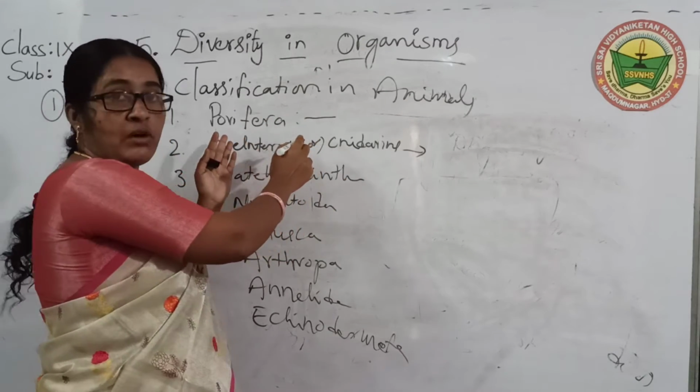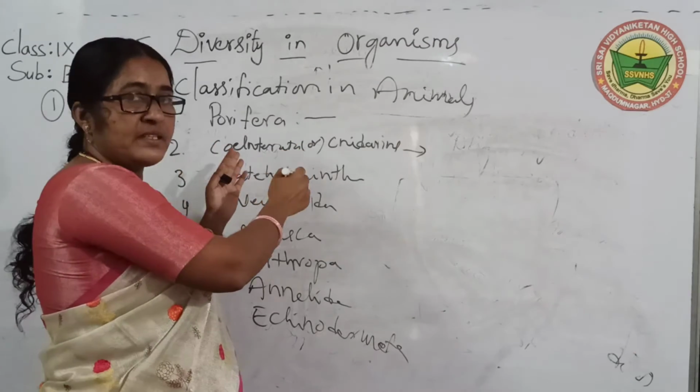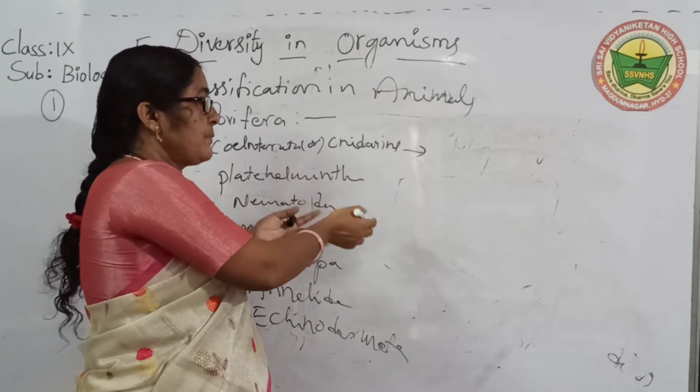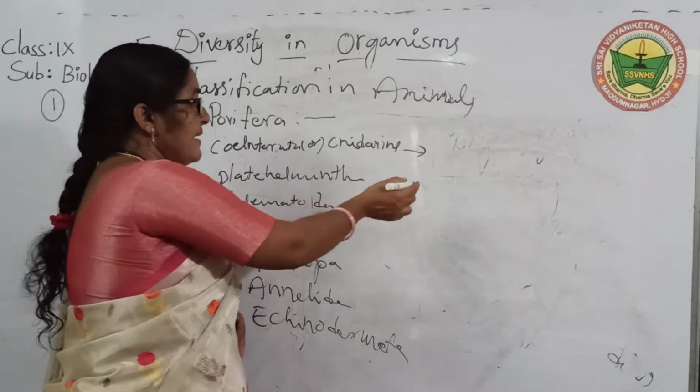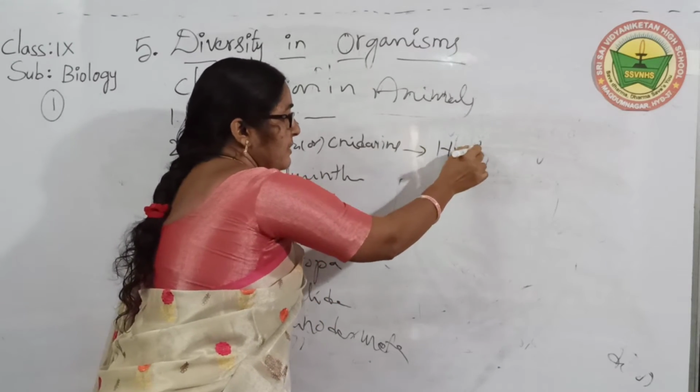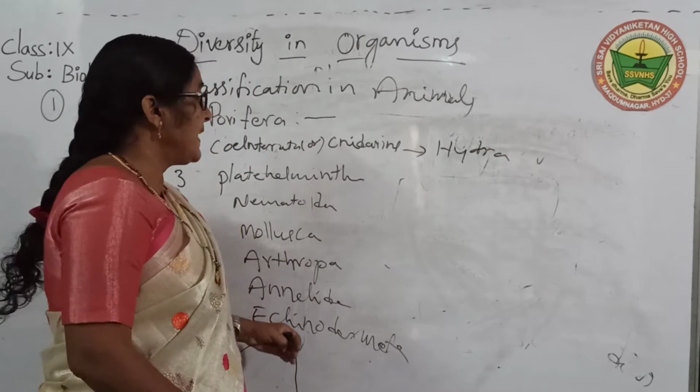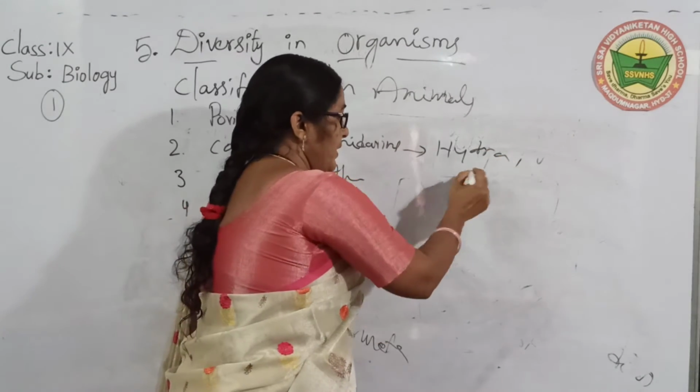Porifera are very small, sometimes floating and sometimes attaching to supports. What are the examples of Cnidarians? Hydra and jellyfish.